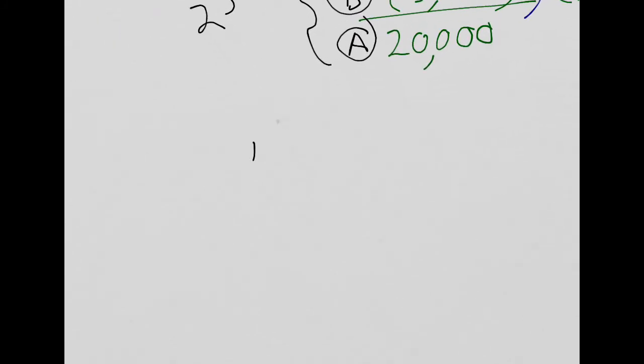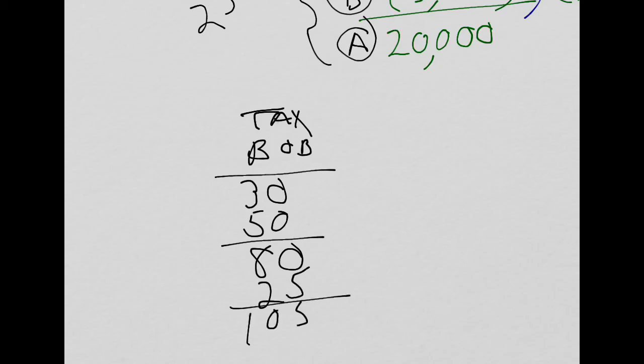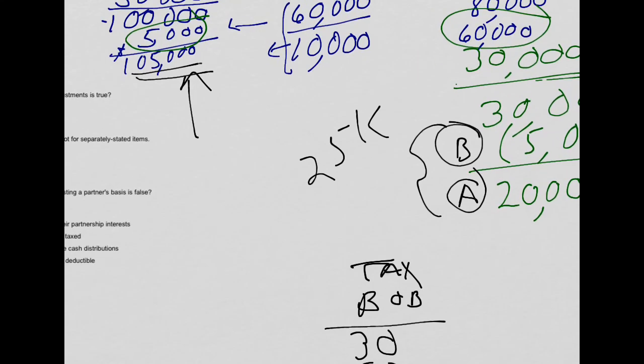So again, Bob's tax capital account would have been like this. Carryover basis of 30 plus the cash, he's up at 80. When we allocate the gain, we're going to allocate 25 to him based on what we did as an analysis up there. And bingo, his capital account is 105, in agreement with the books here.